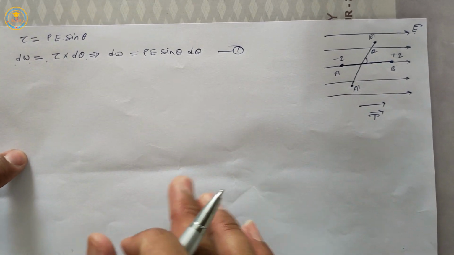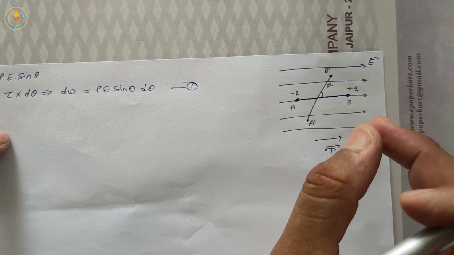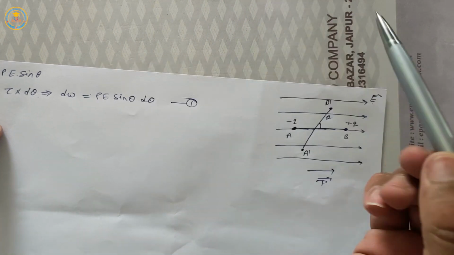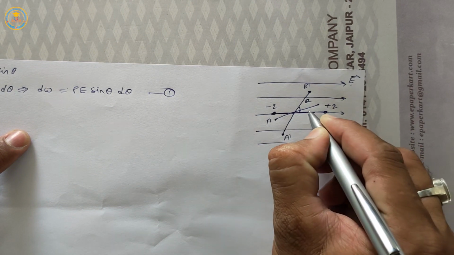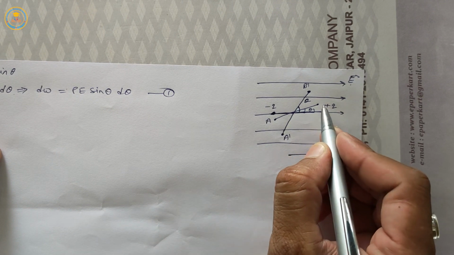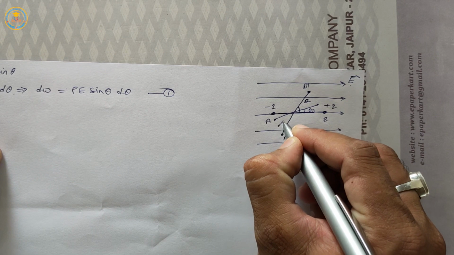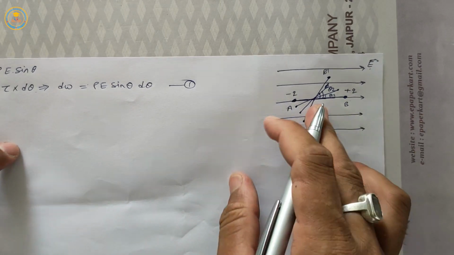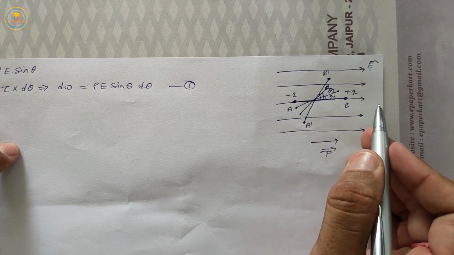Now we rotate this electric dipole from position theta 1 to another position theta 2. Suppose in position theta 1, the angle between the electric dipole moment and electric field is theta 1, and in another position, theta 2 is the angle between the electric dipole moment and electric field.